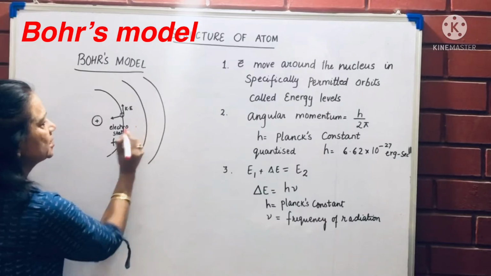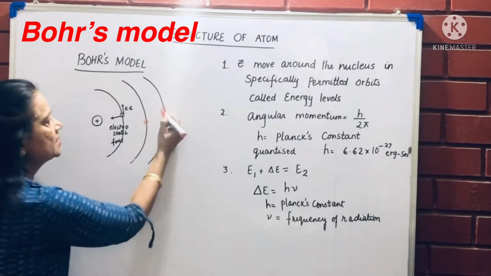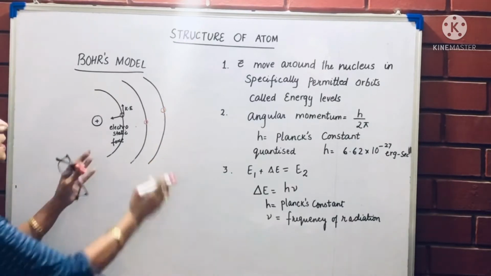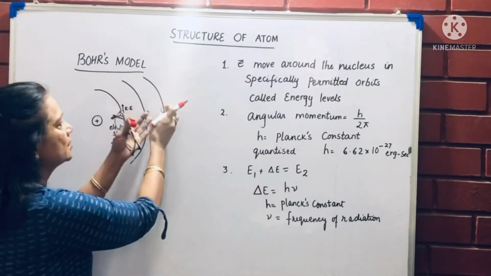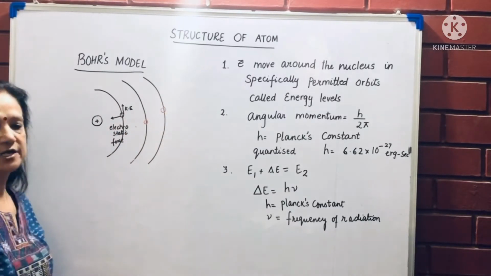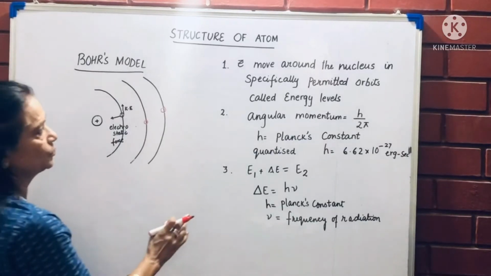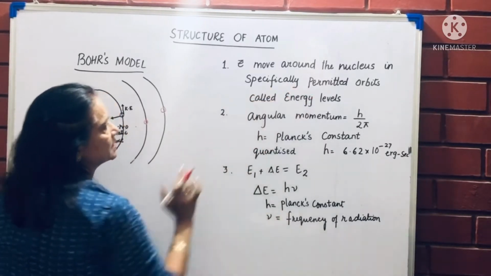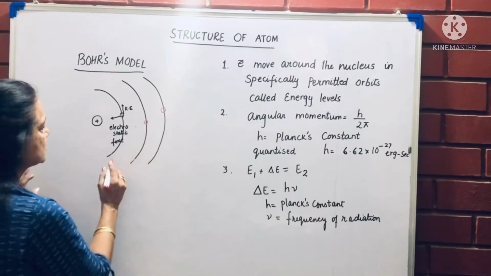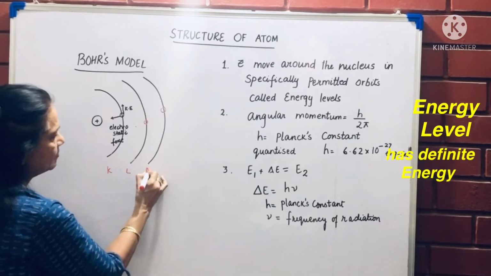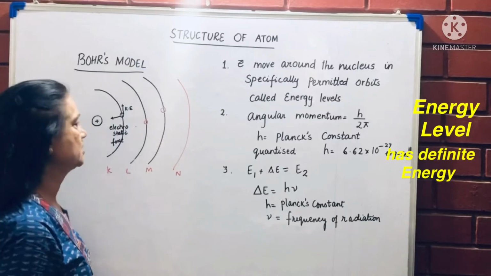It is not in between two orbits; it is present on these orbits. The orbit has a particular energy, and so the electron also takes up that energy. These energy levels, as you have learned K, L, M and N, contain a particular amount of energy.